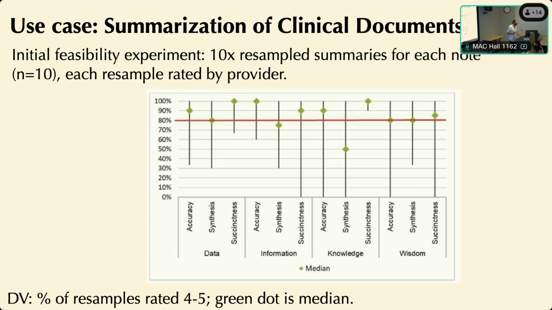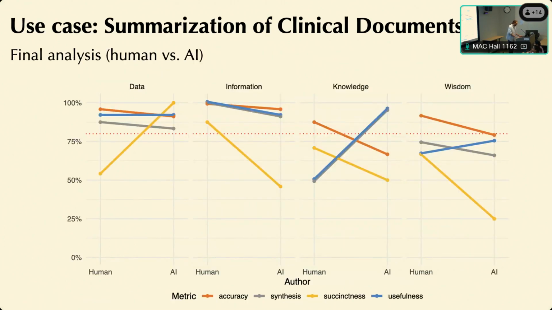But what we did find promising was that more than 80% of the time it was scoring 4 or 5 overall. So we thought that was encouraging enough to be worth continuing with the experiment, but also the variability was concerning.